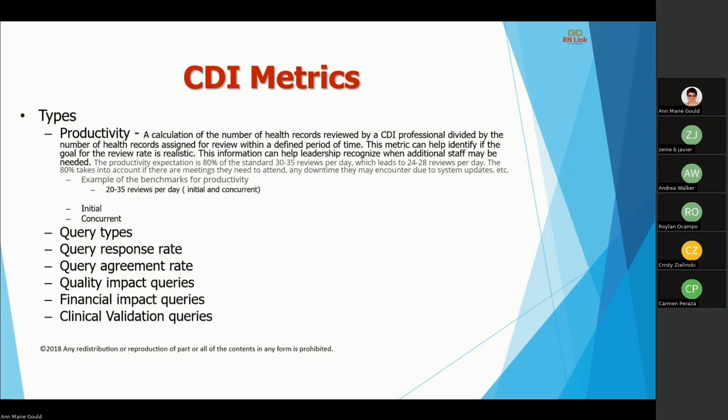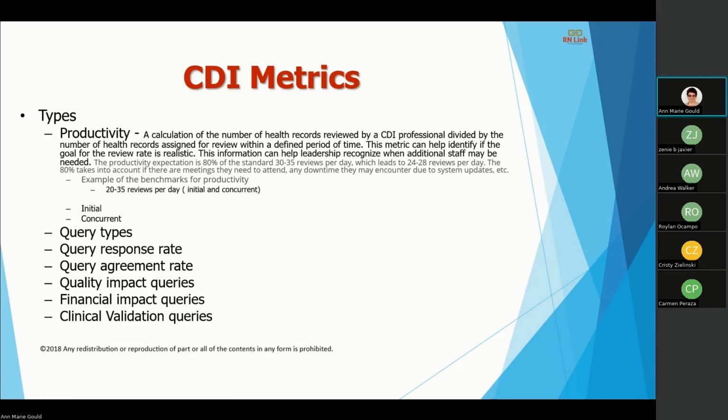So let's look at the different types here. Productivity is the biggest one. Every CDI program has productivity. And what is it? It's a calculation of the number of health records reviewed by a CDI professional divided by the number of health records assigned for review within a defined period of time. So we're looking at a trend over a specific time frame.